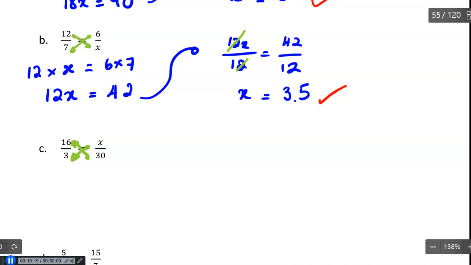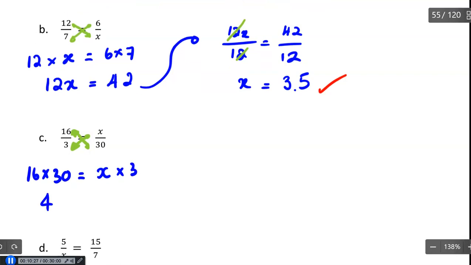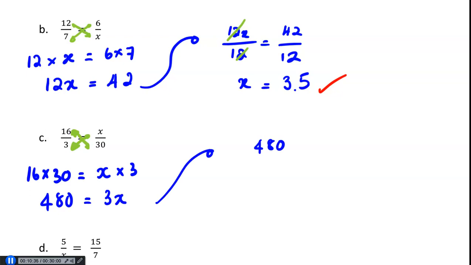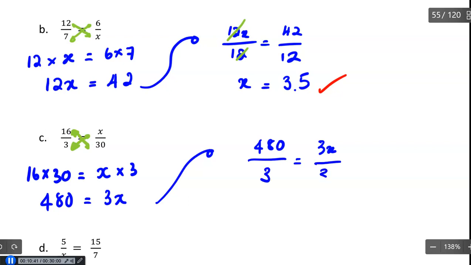So then I should have 16 times 30 equal to x times 3. So I should have 480 equal to 3x. If you have 480 equal to 3x, it doesn't matter where the x is, you should just divide both sides by 3.